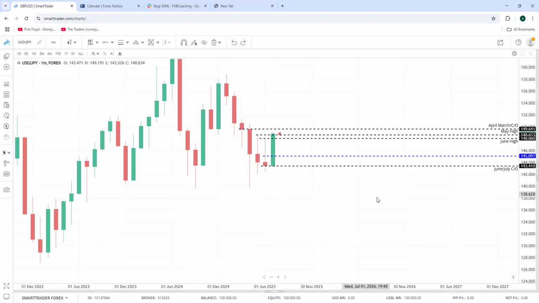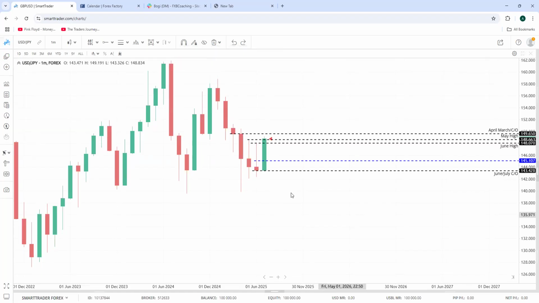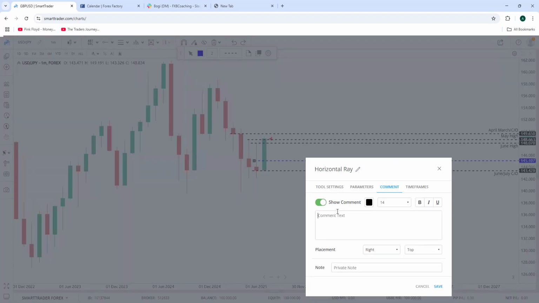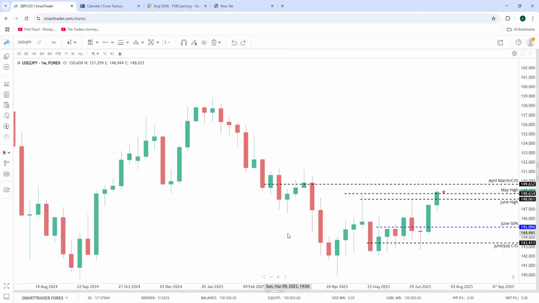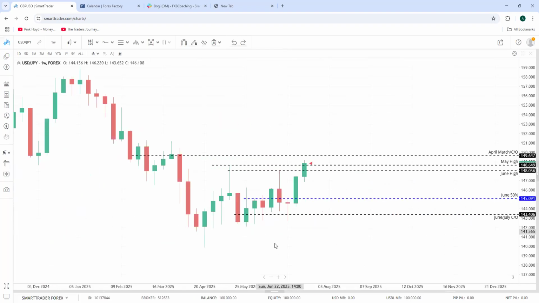I'm not going to do anything else yet because the price is way up here anyway, so I don't want to do too messy. So this was June's 50%, right? There we go. Now we're going to the weekly. So look at the weekly.